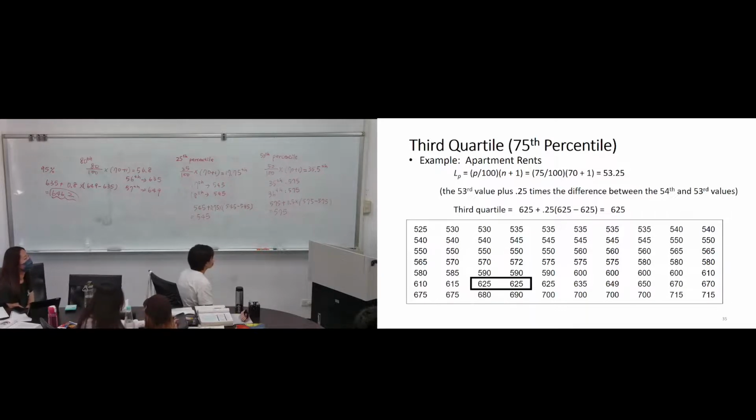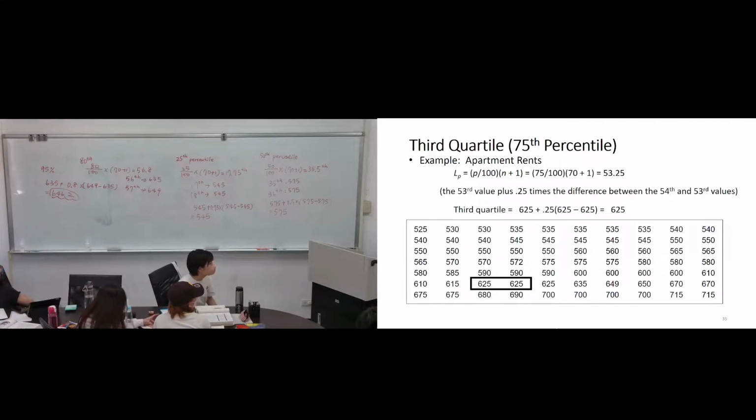And how do we interpret that? We say that at least 25% of the items take on a value greater than or equal to $625, but still another 75% of the items take on a value below $625.